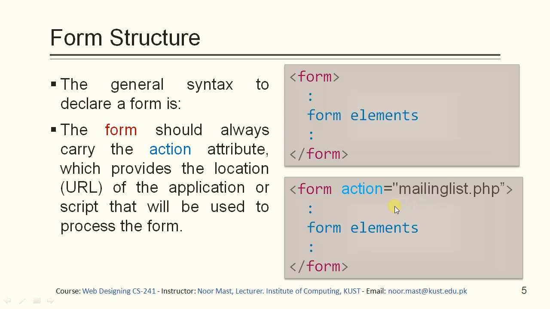Form elements also have some other attributes as well. The next slides will describe those attributes. But before going to the next slide, we have to mention one thing more, that the form actually works as a container for the form elements.